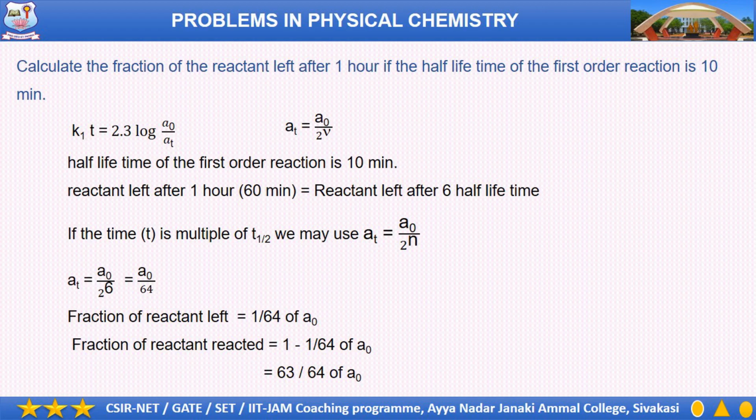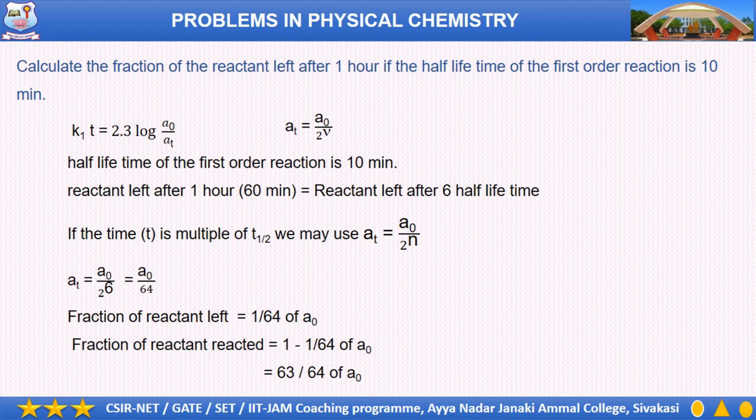Here, with half-life, you can also apply this type of equation. When will you apply this one? See what is the time given for this. Calculate the fraction of the reactant left after 1 hour, 60 minutes. And what is given? The T half of the first order reaction is given as 10 minutes.